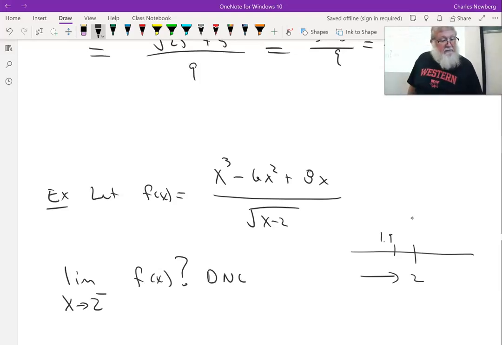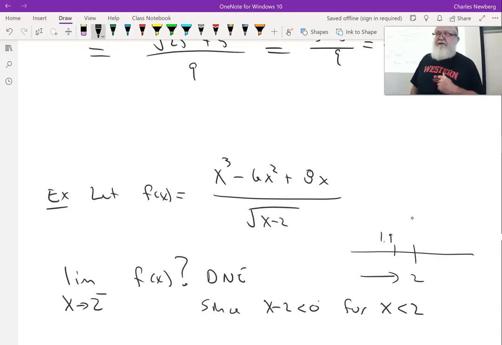Does not exist, since square root of x minus 2, or since x minus 2 is less than 0 when x is less than 2. All right. So that limit does not exist, because we can't do square roots of what?